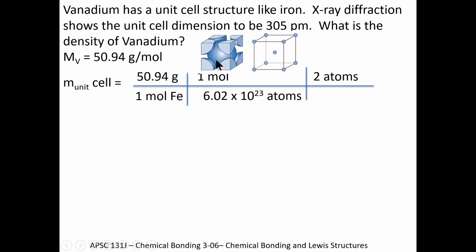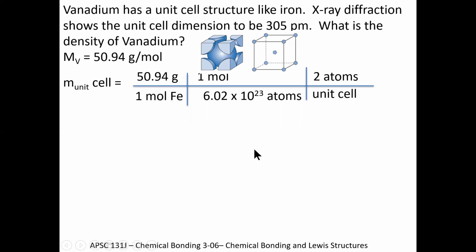There's 1 large atom in the middle, and then there is 1/8 of an atom in 8 locations. So 1/8 times 8 plus the 1 in the middle. So there's 2 atoms in a body-centered cubic cell. They're packed in there. Not as tightly packed as a face-centered cubic arrangement that has 4 atoms.